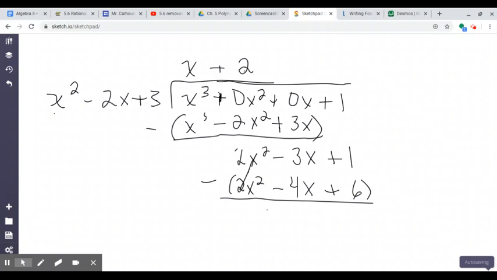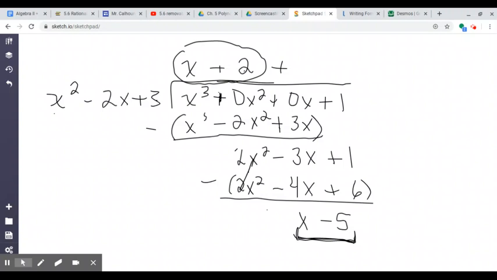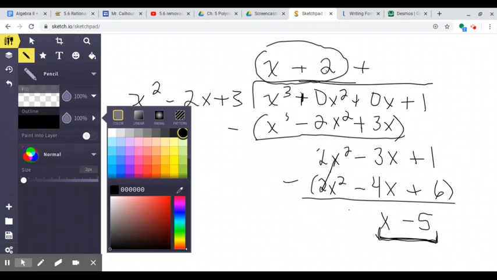This cancels, and then we're left with positive x and minus 5. So our quotient is x plus 2, and our remainder is x minus 5. But when we're looking for the slant asymptote, all we're looking for is the quotient.